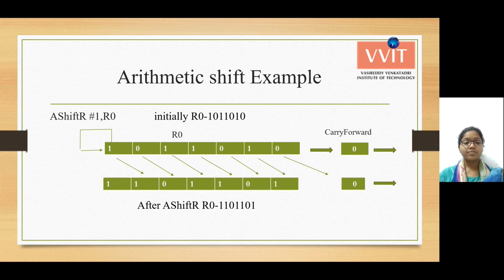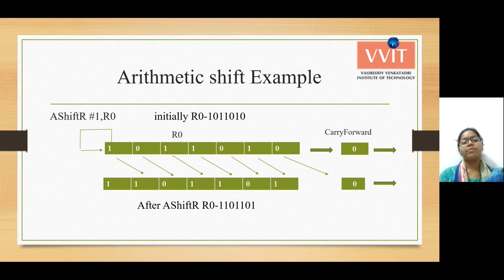Arithmetic shift example. Here, ASR #1, R naught. Initially, the R naught binary value stored is 10111010. As I showed in the earlier example, I have taken the same R naught value. Here, I'm performing arithmetic shift right only once on R naught, specified by the value 1.